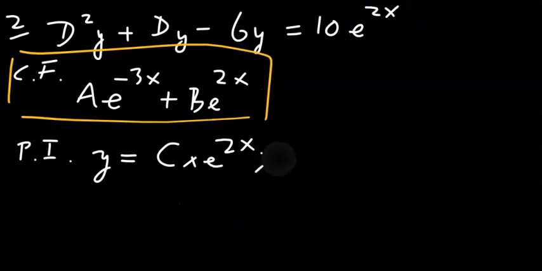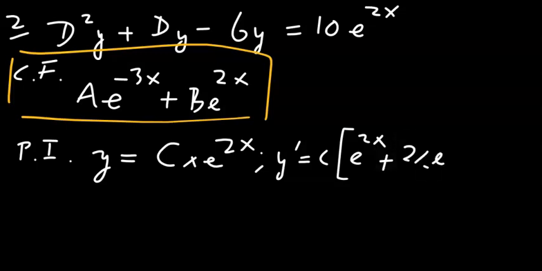So let's evaluate the first derivative, y prime, where y is given by that. That is just, using the product rule, c times e to the power 2x plus 2x e to the power 2x.